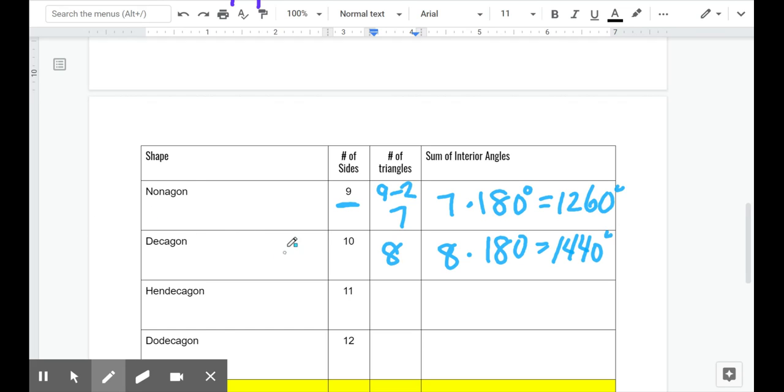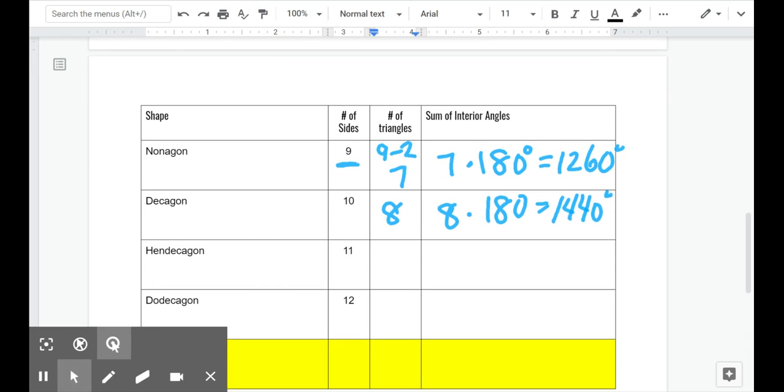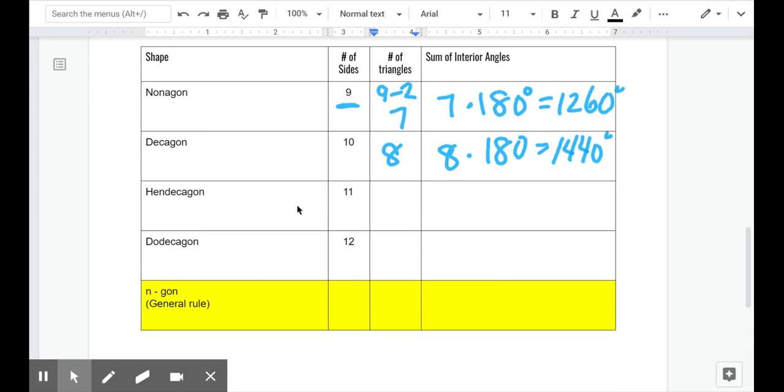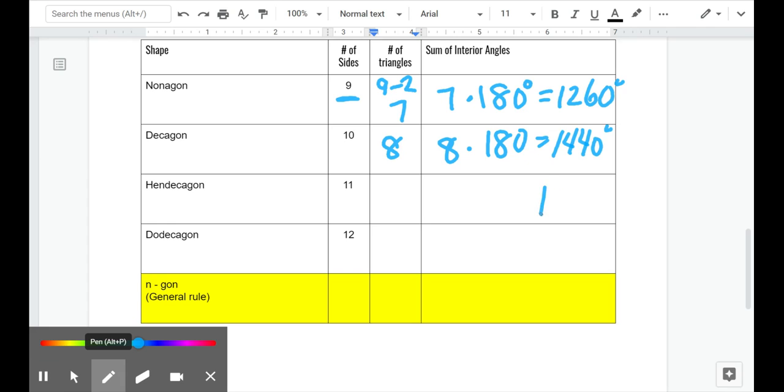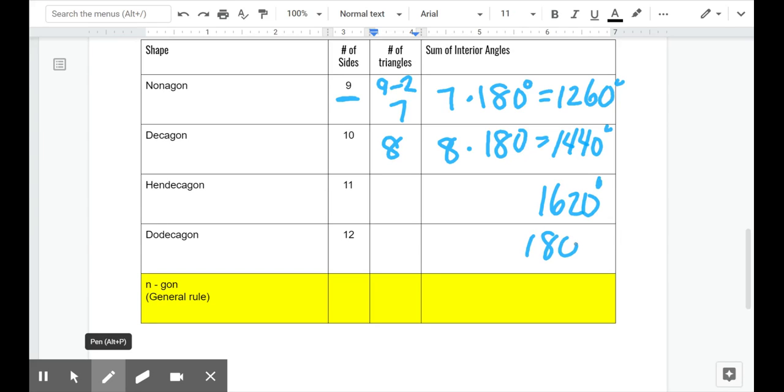So here I have a few other shapes. I don't know if I really need to do those. I think you guys have the idea. So here, hendecagon, which has 11 sides, you would multiply by 9, 180 times 9, and dodecagon, 12. Since I have them, I'm just going to put in what those are if you want to check and try these on your own. So here I have 1620 degrees. And for the last one, I have 1800 degrees.